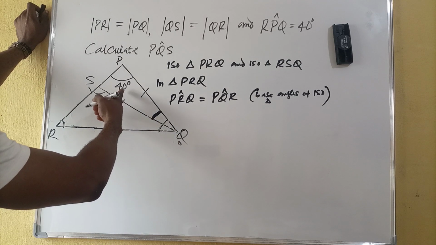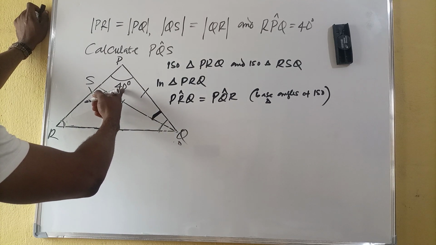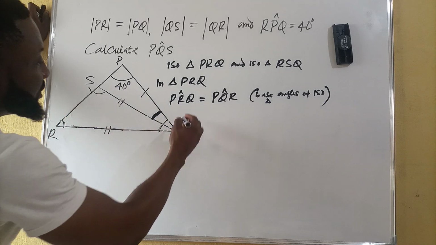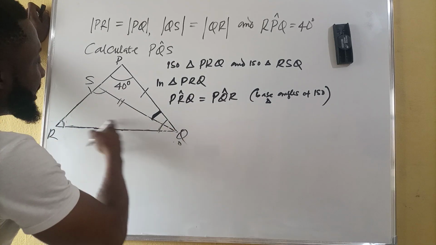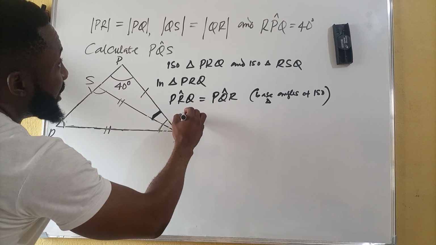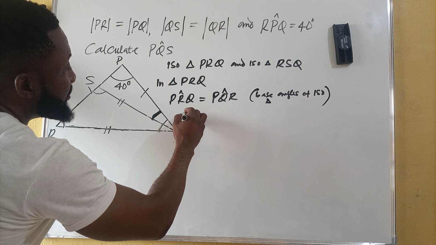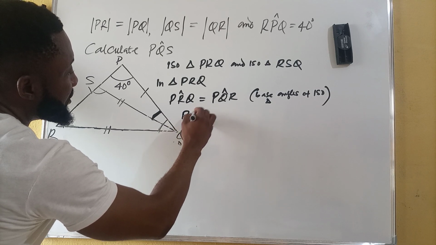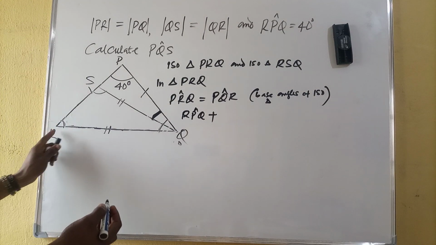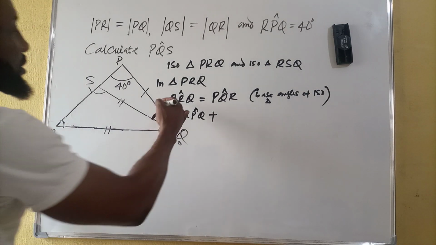So now I am going to add 40 plus 2 of this, and equate it to 180. Since these base angles are equal, I'm going to say angle RPQ plus these two angles are the same, which is this and this.